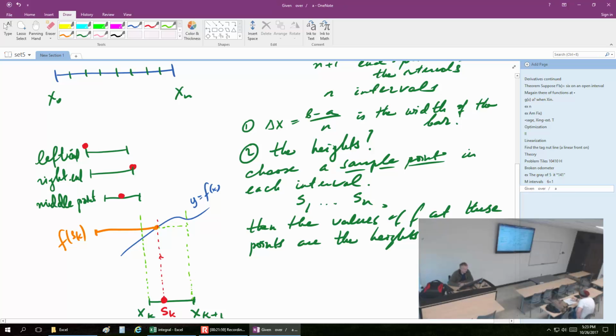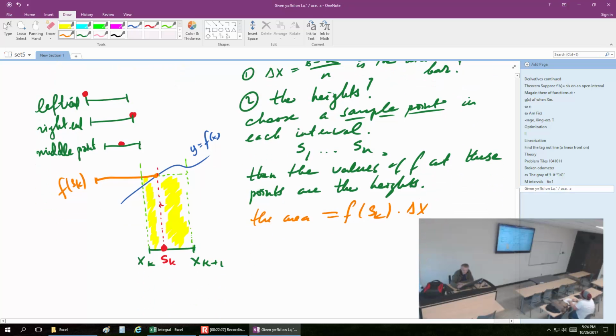It's kind of thin, but you can certainly see where it is. So its area is equal to f of sk times delta x. Delta x, once again, is the width of the base, and this is the height.